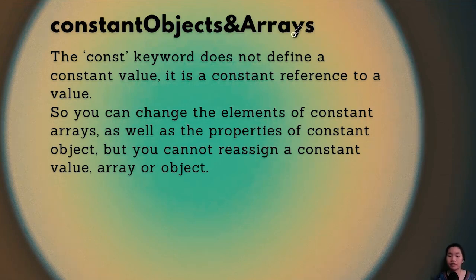Objects and arrays, we're talking about them first. The const keyword does not define a constant value. When you look at it, you think, oh, const is probably short for constant, so it's a constant value. However, it's a little bit more nuanced than that. It is a constant reference to a value. The more you code, the more this distinction will matter to you.